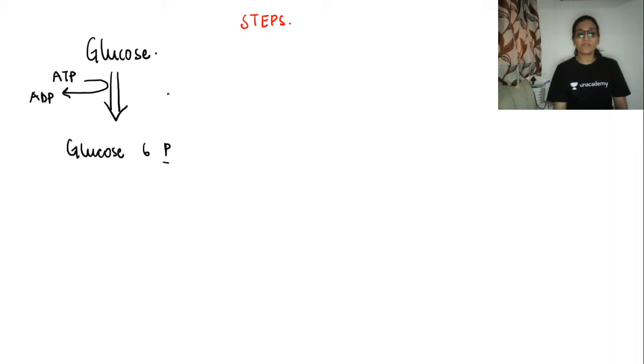The enzyme participating in this case is hexokinase or glucokinase, any one of them. And if I am making this thick arrow, that means this step is irreversible in nature.